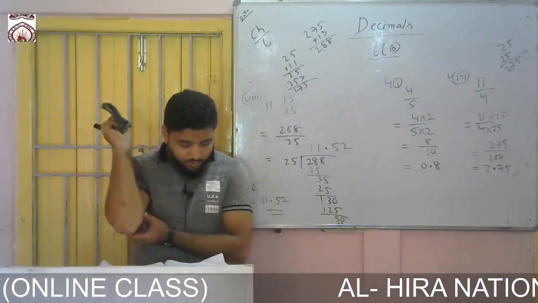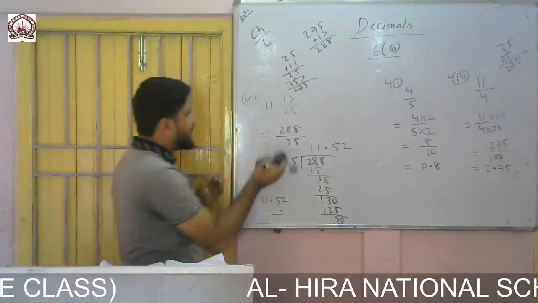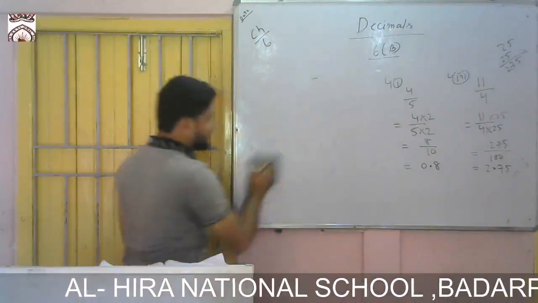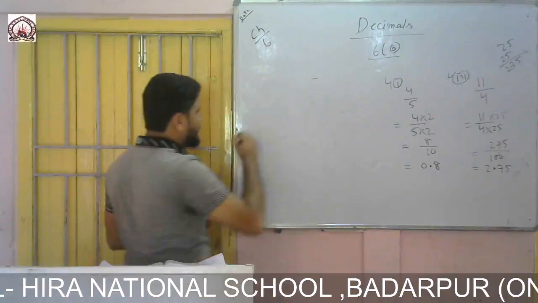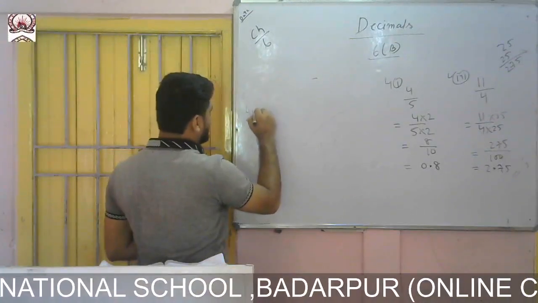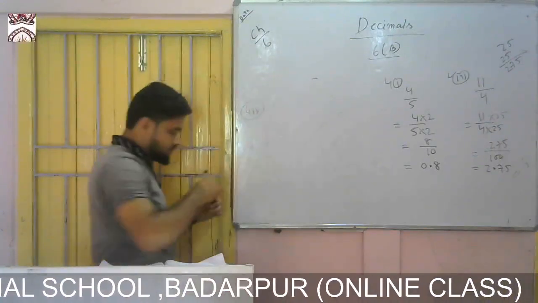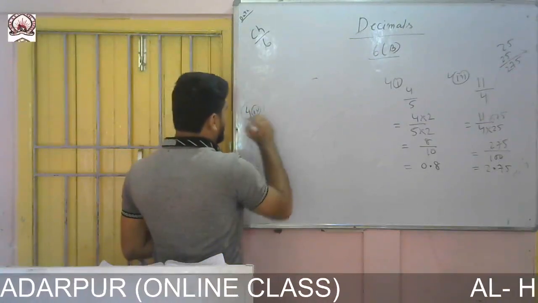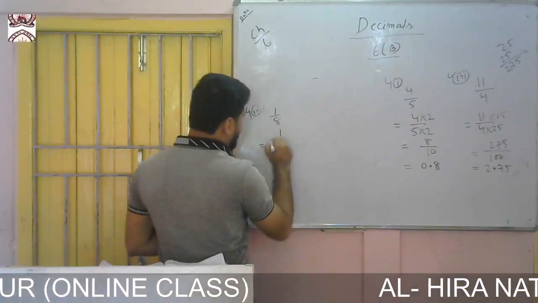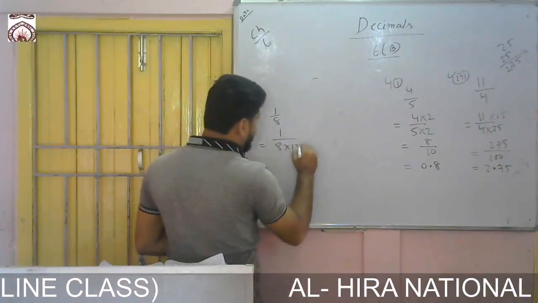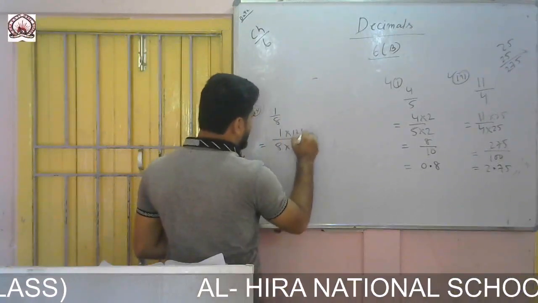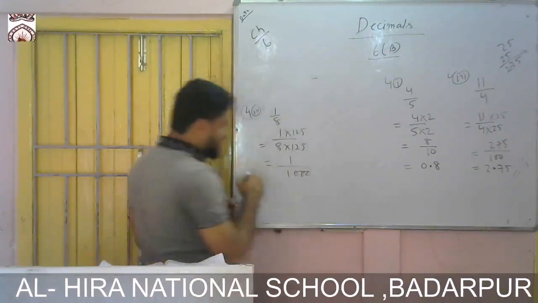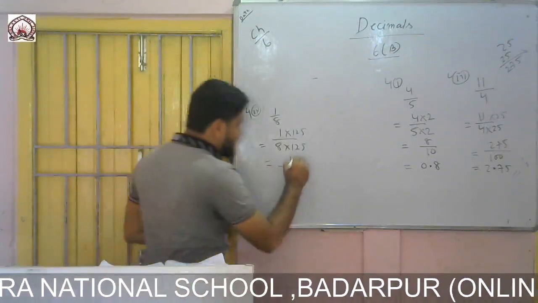Now come to question number 4, 1 by 8. Question number 4, Roman 4. 1 by 8. If I multiply by 125, then it will become thousands, which is a multiple of 10.